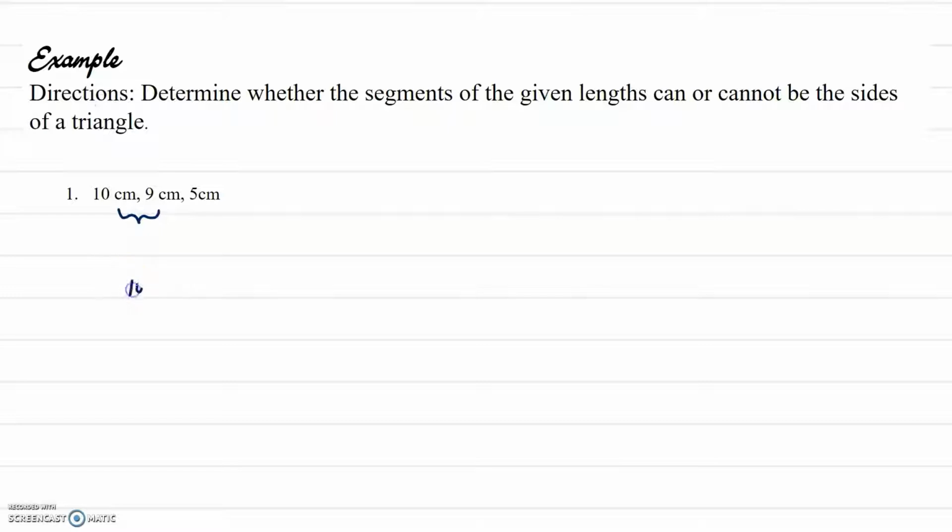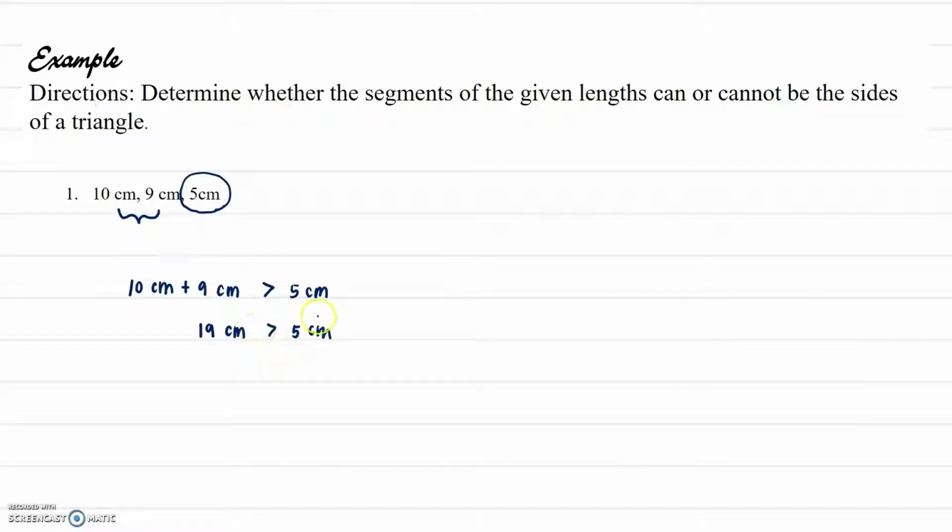So we have here 10 centimeters. Let's add the 9 centimeters. According to the theorem, their sum should be greater than the remaining side, which is 5 centimeters. 10 centimeters plus 9 centimeters, that's 19 centimeters, is greater than 5 centimeters. Now look at the inequality.